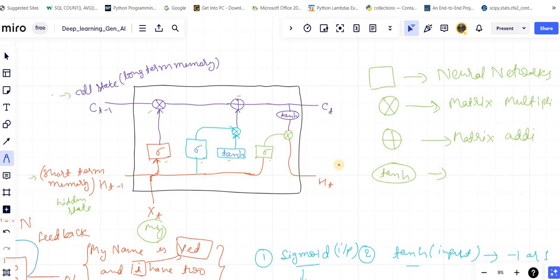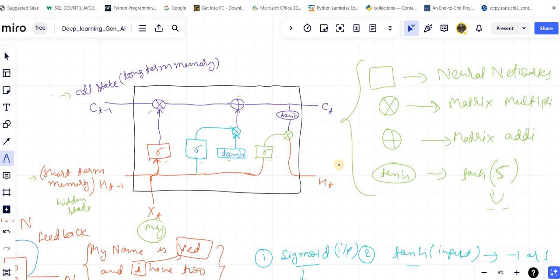And this is also the pointwise multiplication, and this is just a pointwise tanh conversion. So whatever the value will come, let's suppose there is a value 5, so it will pass under the tanh function. Whatever the value of tanh 5, that will be the output after this. So these are the four things we need to understand.